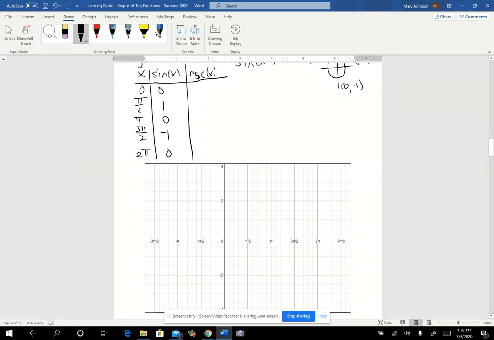Now, it really works well, and I asked you to do this, to graph the sine function first. So go ahead and get the sine function graphed, because it really helps to see the connection between the two.